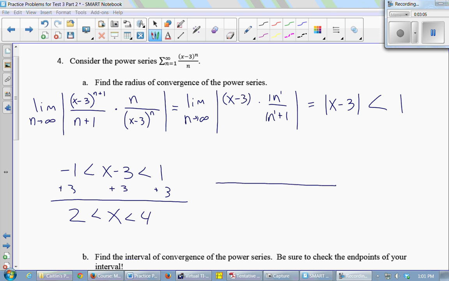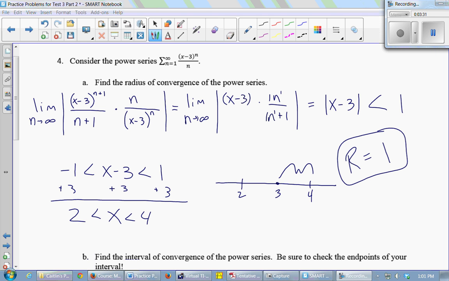An interval is just a set of numbers on a number line, right? 2 to 4. It's centered at 3. That's the radius from the center to the end. So my radius of convergence is 1.